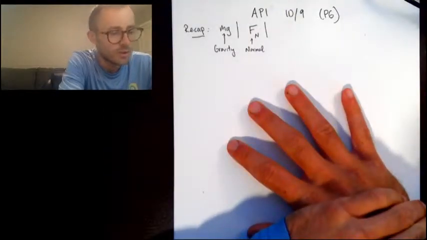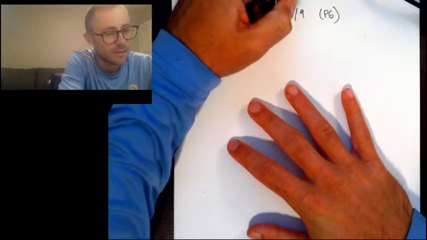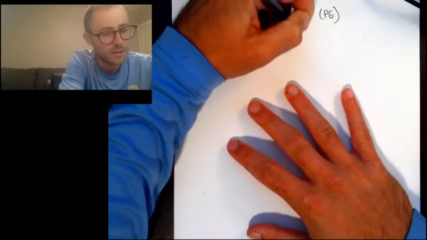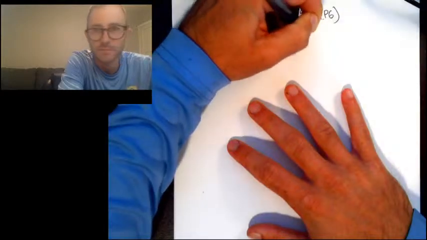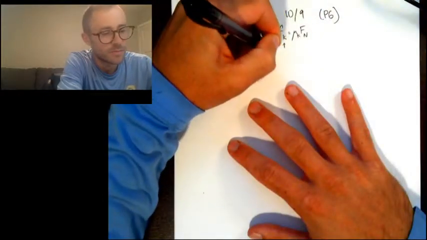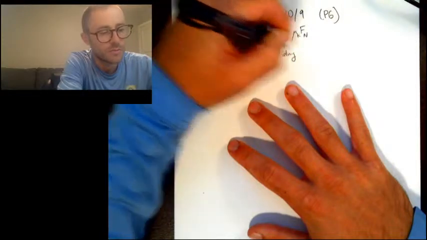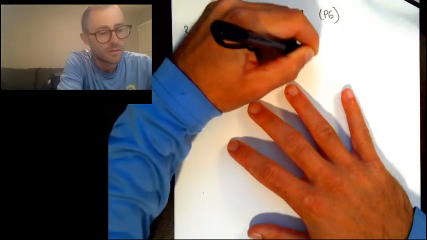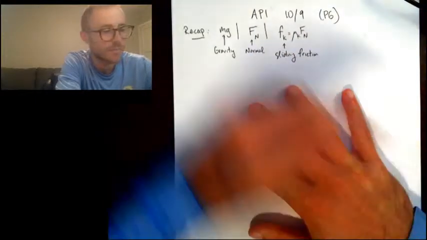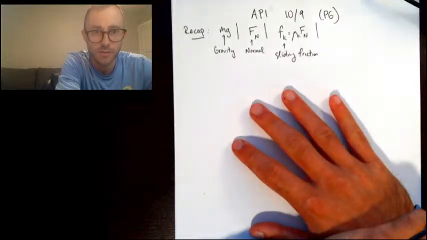We learned about kinetic friction, which is mu sub k times the normal force. So that is the sliding friction. If two surfaces are sliding past each other, then that is going to be kinetic friction.